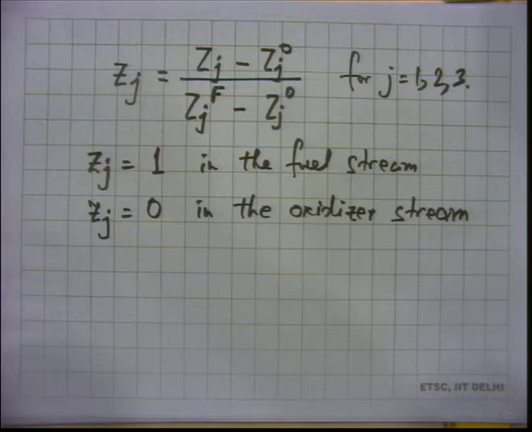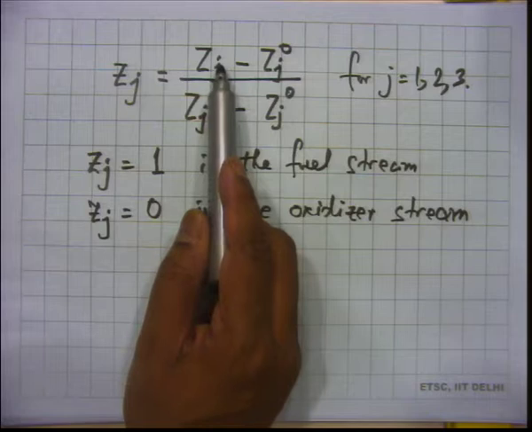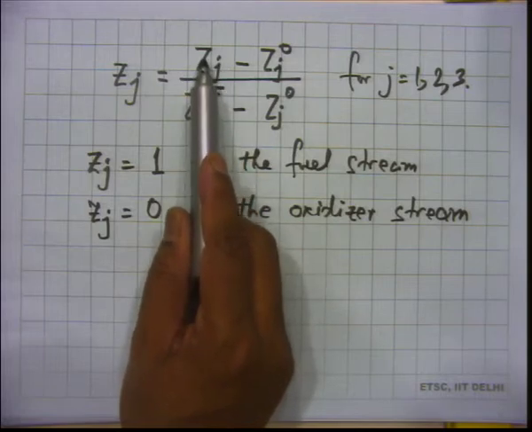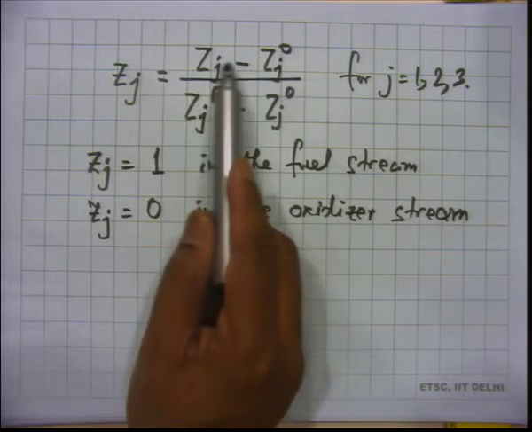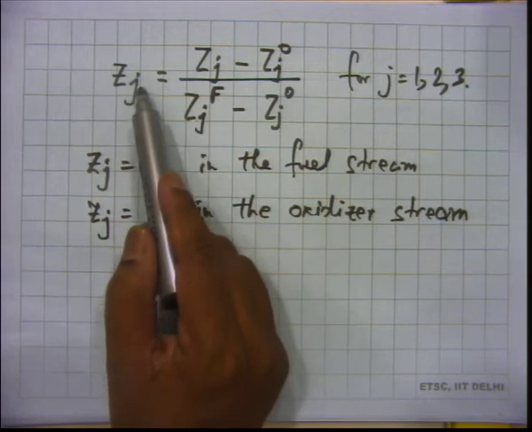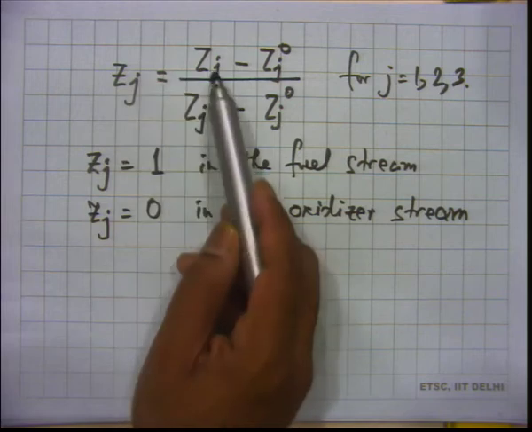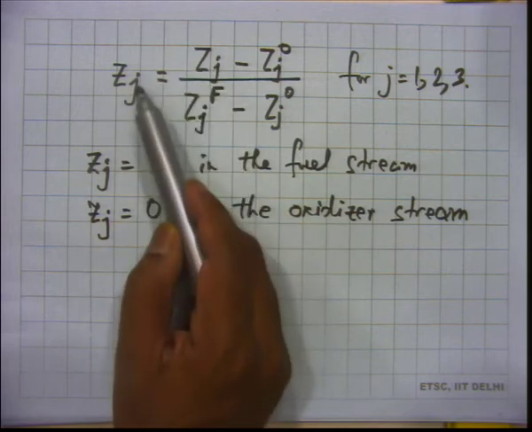Now we have 3 small z's, isn't it? Depending on what j you choose, if you choose j equal to 1, that is if you choose to use capital Z1 here, then you will get a small z1. If you use a capital Z2, you will get a small z2. If you use a capital Z3, you will get a small z3.